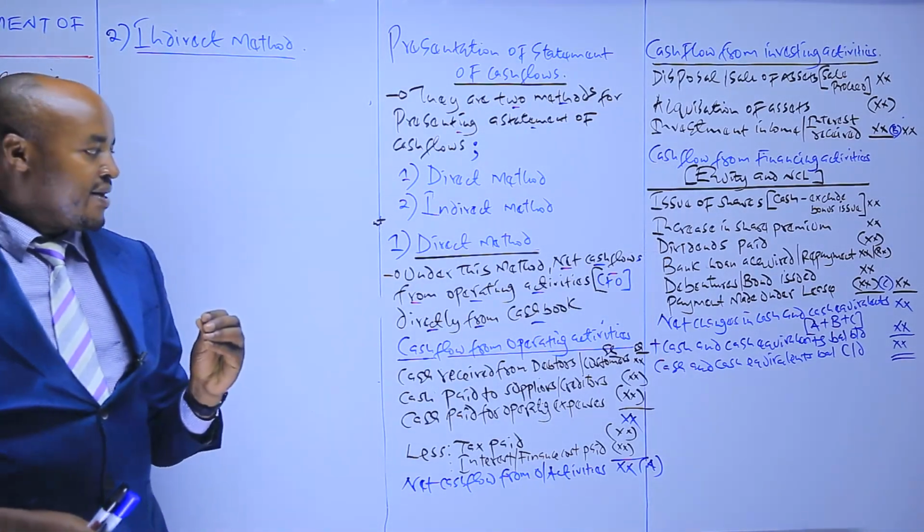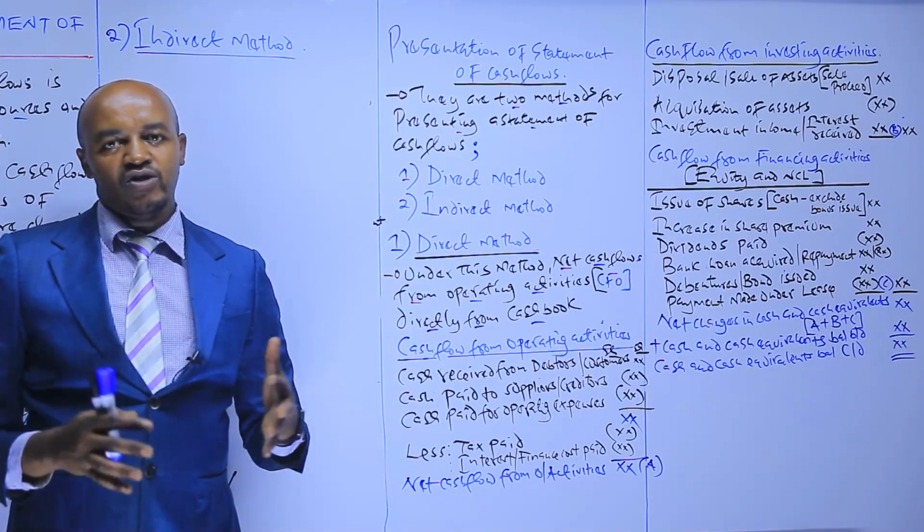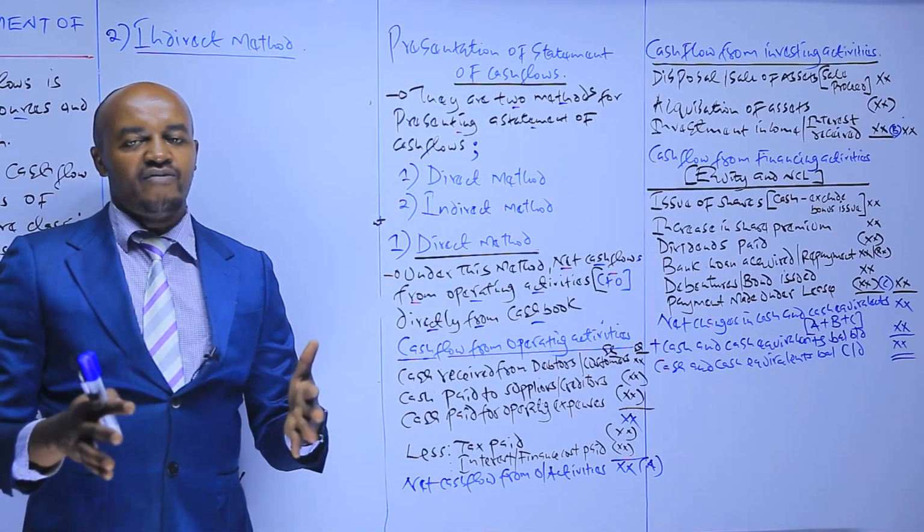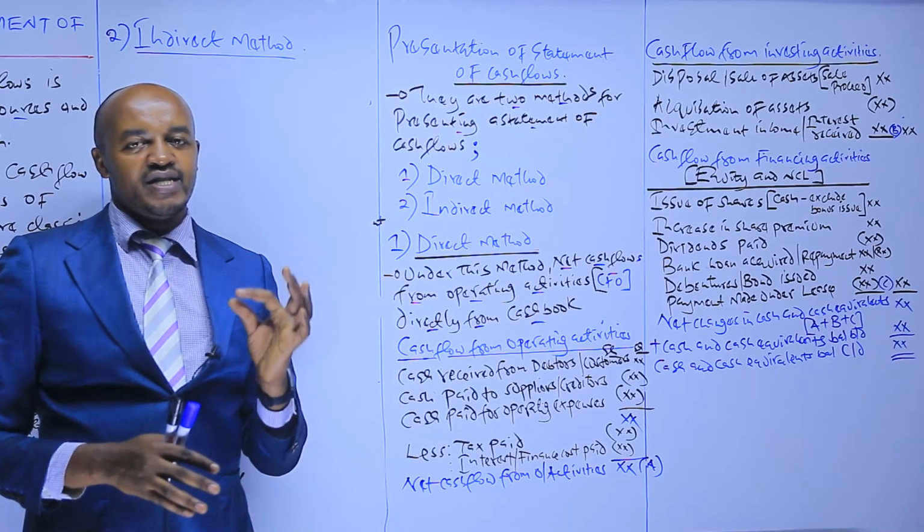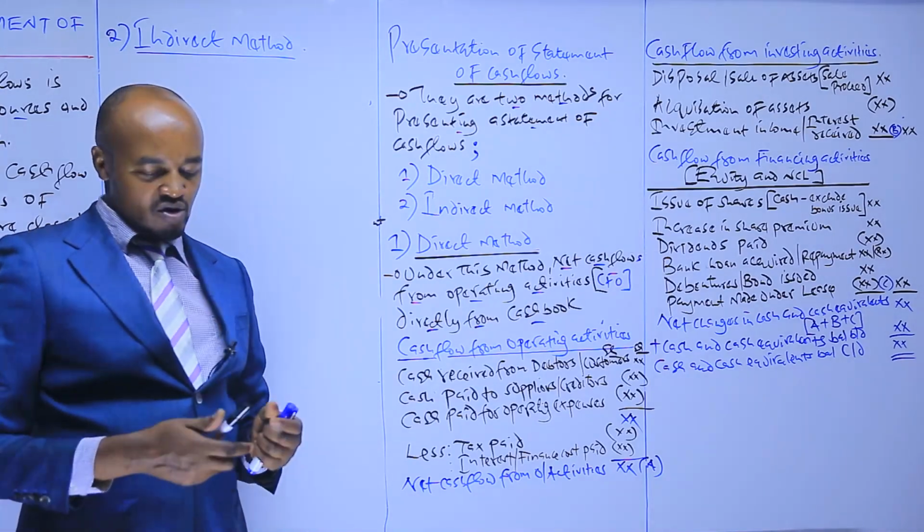So what we do is that we take the operating profit, or basically the profit before interest and tax, and then we adjust that profit with three categories of items.